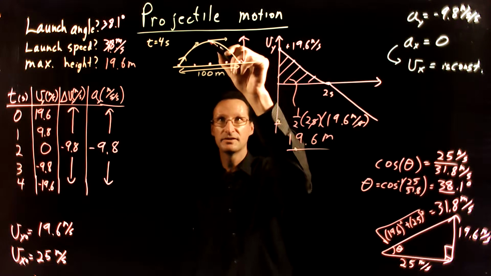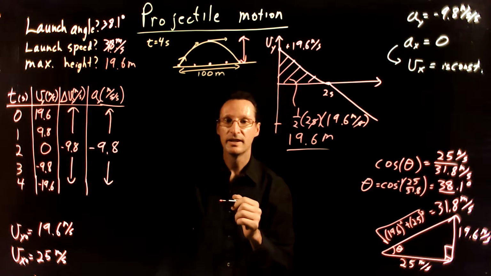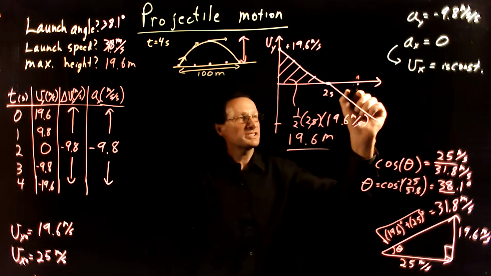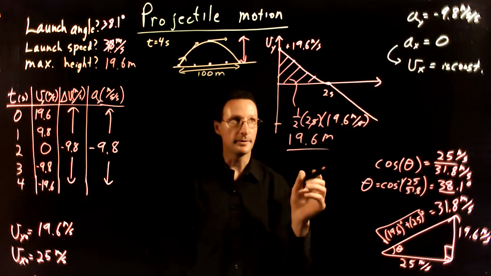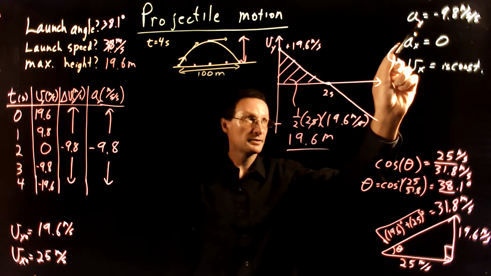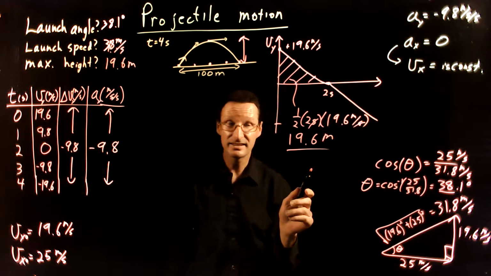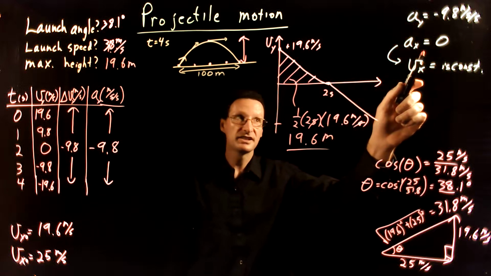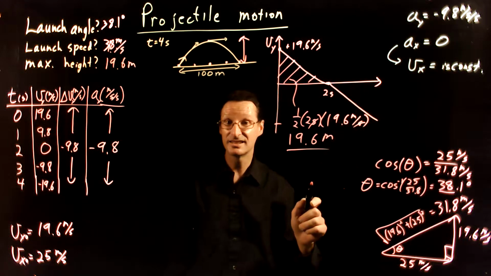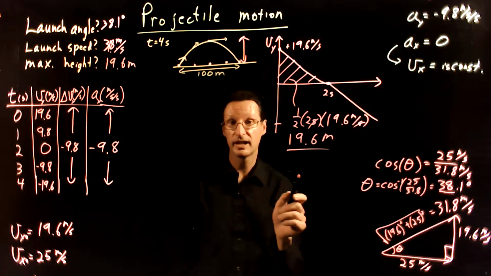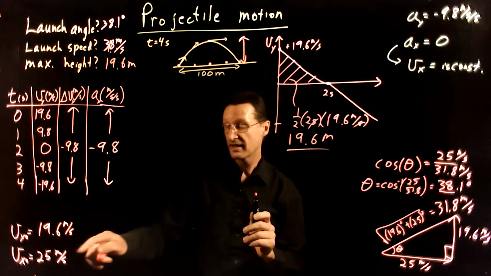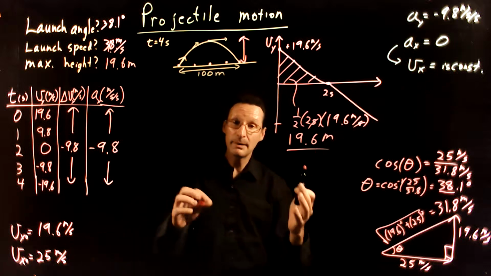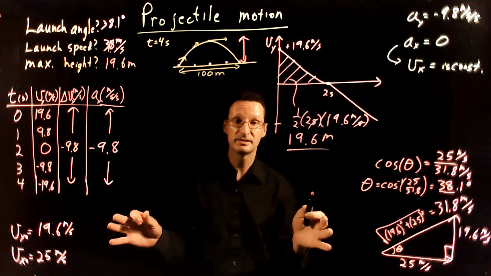Okay, that tells you what the height is up there. Okay, so just by using a few basic facts here, that the acceleration in the y direction is a constant negative 9.8 meters per second squared, and that the acceleration in the x direction is 0, therefore the horizontal velocity is constant, that allowed us to separate these parts and analyze them separately.